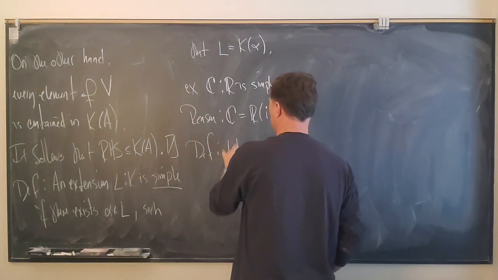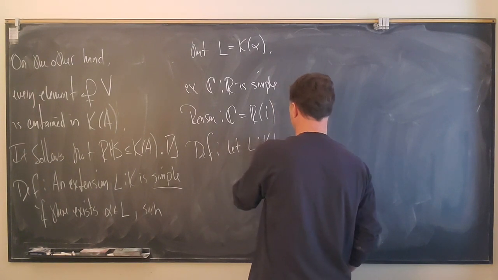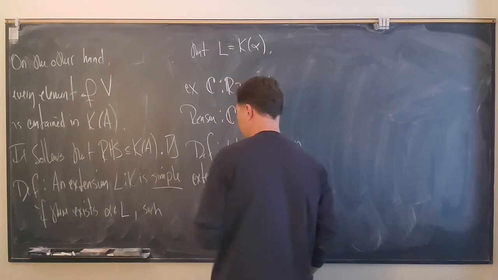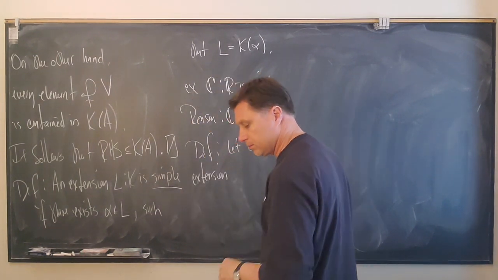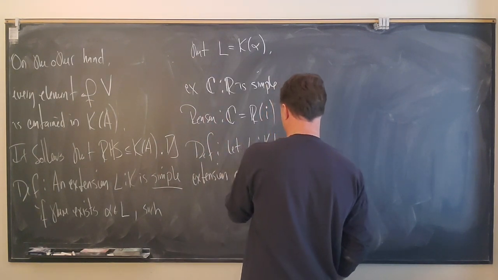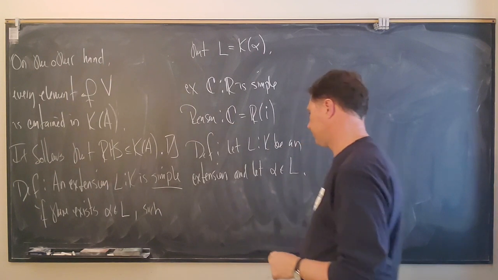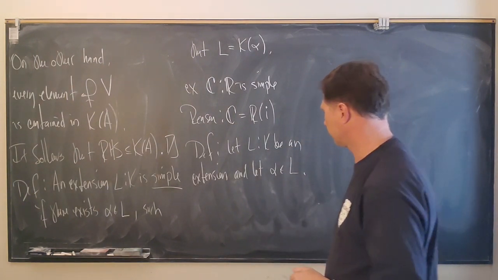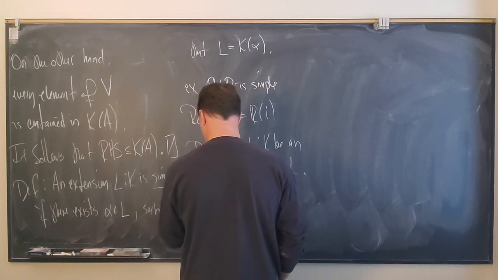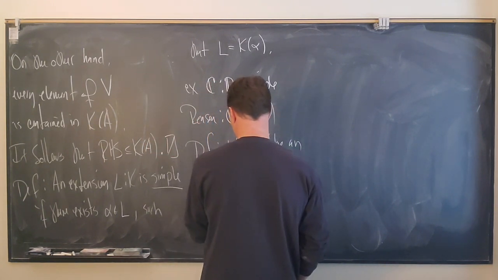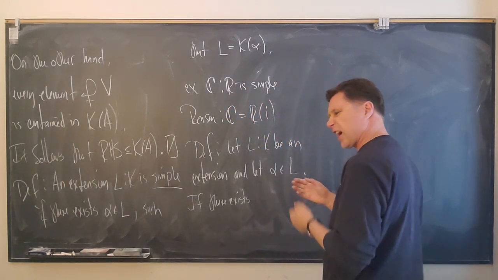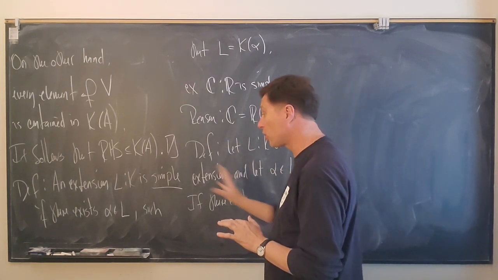So let L over K be an extension, and let alpha be in L. Now, this definition is going to give us a glimpse into the connection between polynomials and extensions.